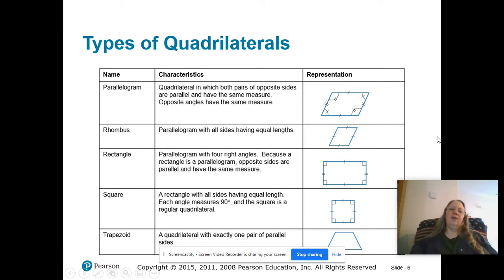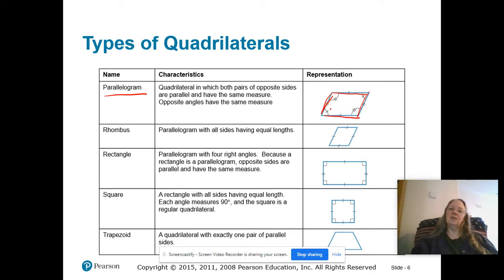All right, we have different types of quadrilaterals depending on their sides and their angles. So this quadrilateral is called a parallelogram. When we have a parallelogram, the opposite sides are parallel to each other.